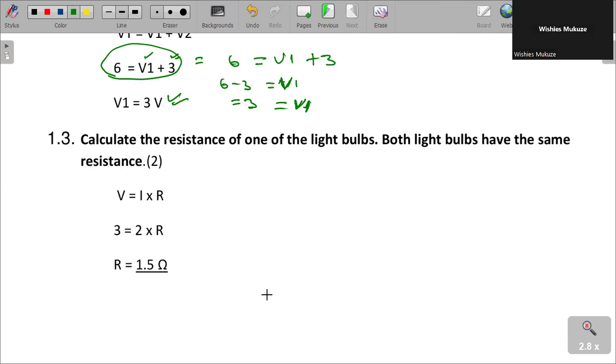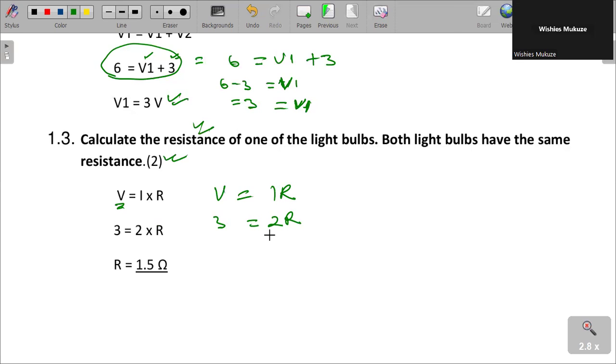And then calculate the resistance of one of the light bulbs. Both light bulbs have the same resistance. Voltage is equal to resistance times current, V is equal to IR. So our voltage is equal to 3, which is equal to 2R.